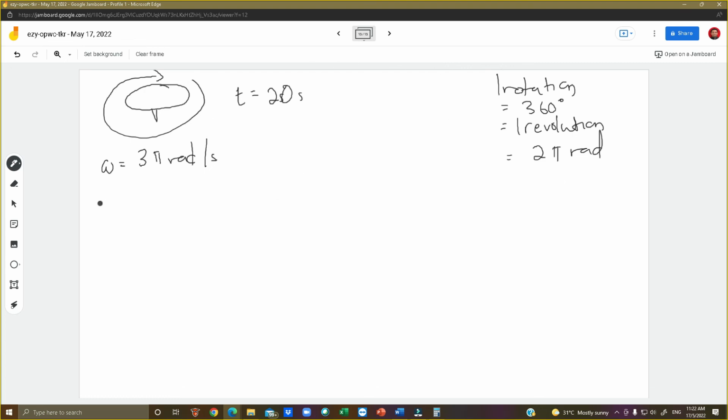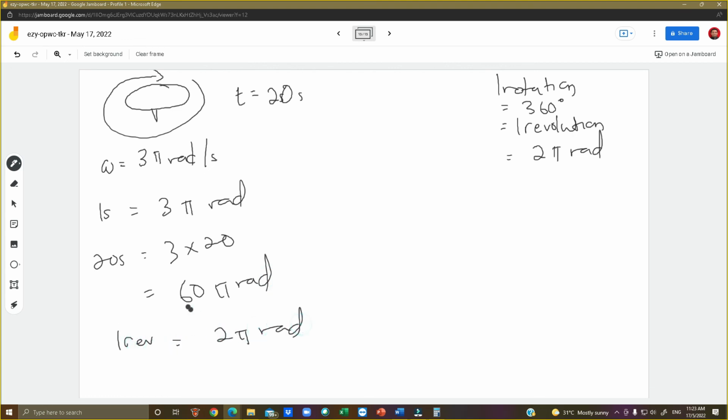Ni based on information yang ada dekat sini. So we know that 1 second dia akan pusing sebanyak 3 pi radian. So in 20 seconds, it is 3 times 20 equals 60 pi radian. So if 1 revolution equals 2 pi radian, 60 pi radian berapa revolution? Tu dah cara nak jawab dia.